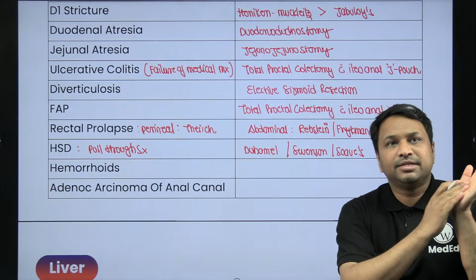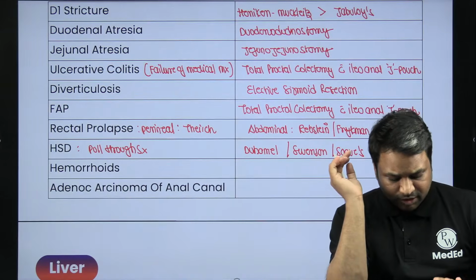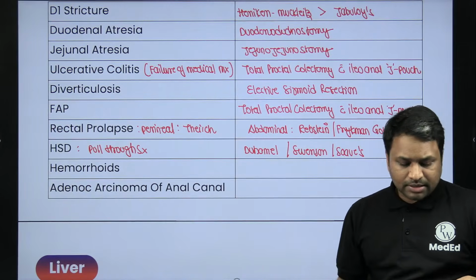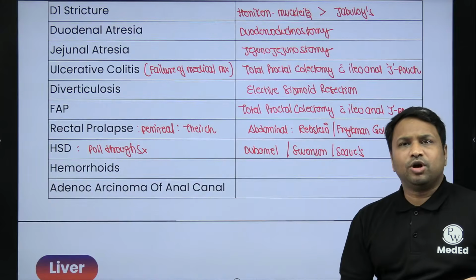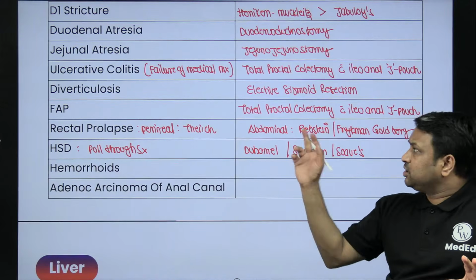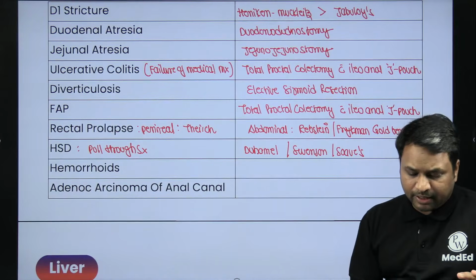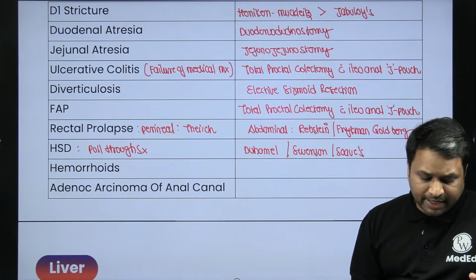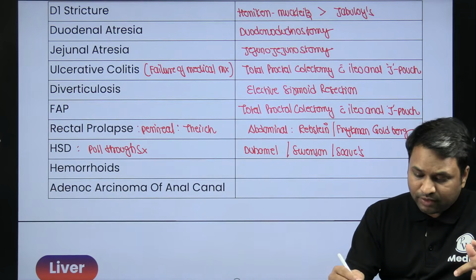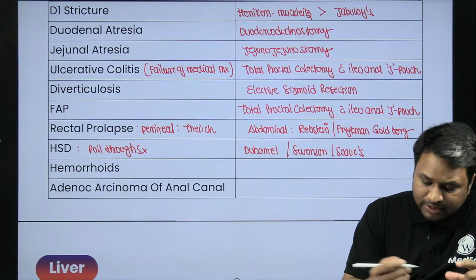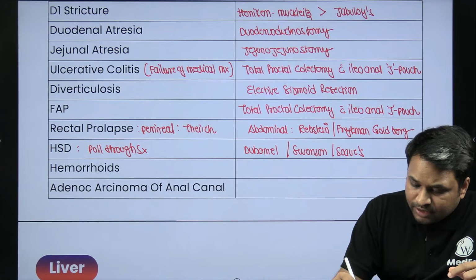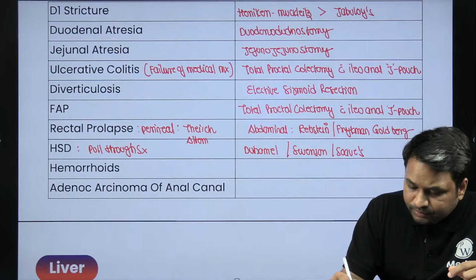See, Altemeier's, okay, so when you talk about the rest of them, I don't want to overburden you with a lot of information. These are the surgical names that were given in the INI, right? In the perineal route you have the Thiersch wiring, Altemeier's, and Delorme's.